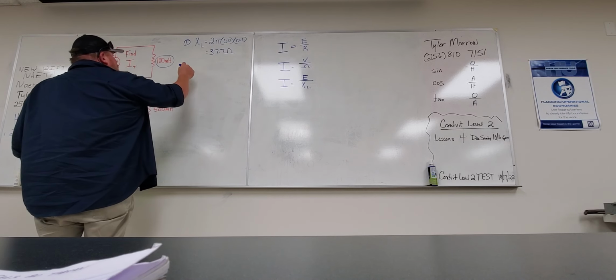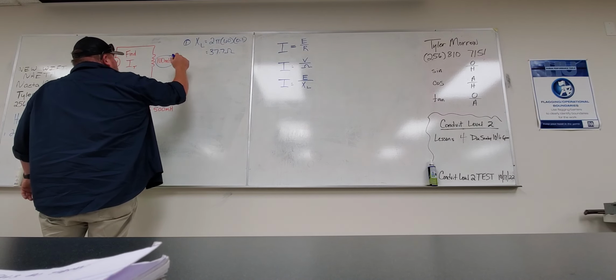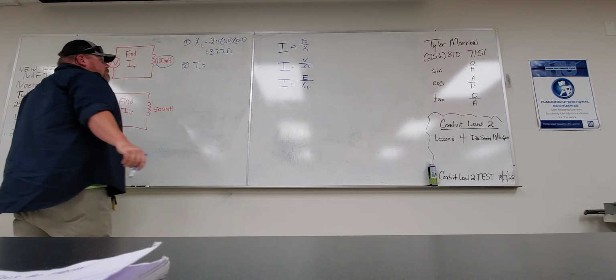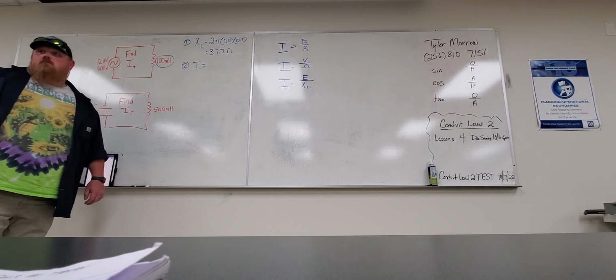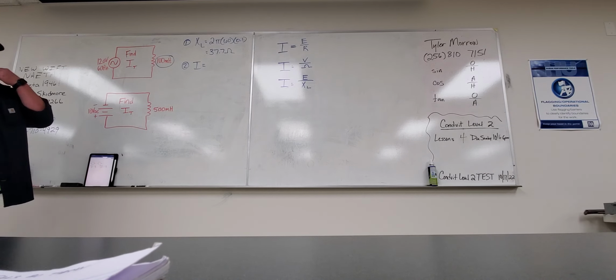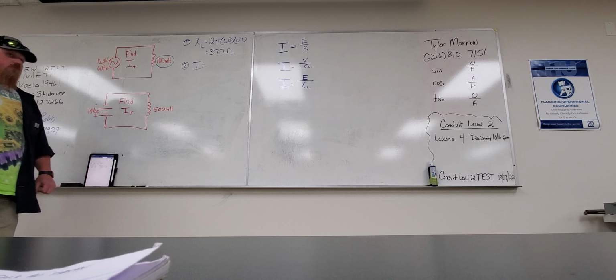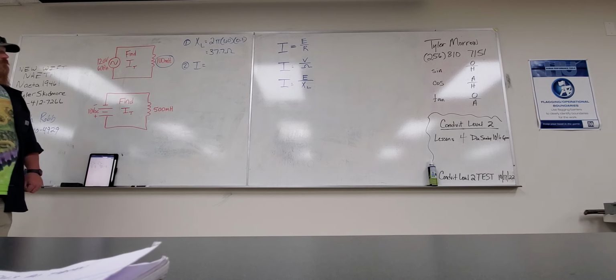37.7. Alright, so now what? You can just do your E over R. Divide the 120 volts by that 37.7.